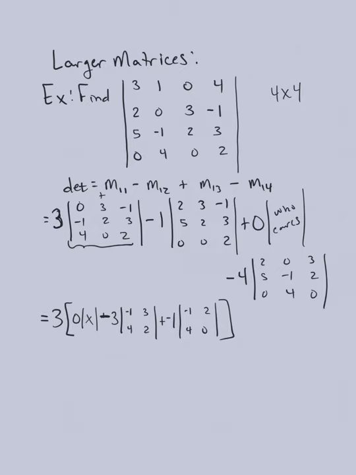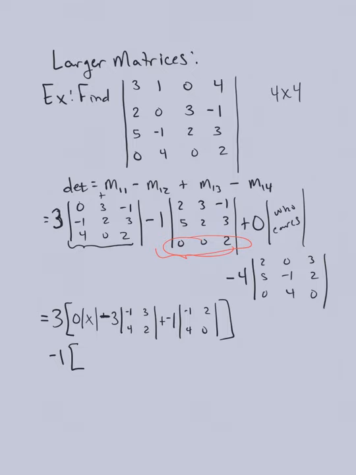Now I just move on to the second one here, and so I have that minus 1 out front. And now notice I'm going to expand on the bottom row for this determinant right here. And you don't have to. You could expand on the top row. You could show yourself that you get the same thing.